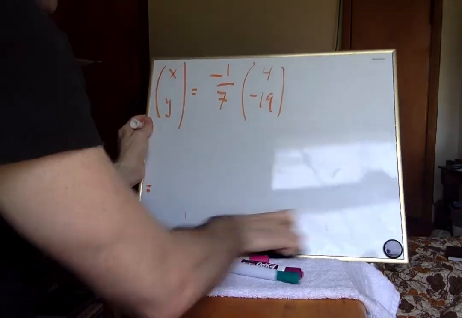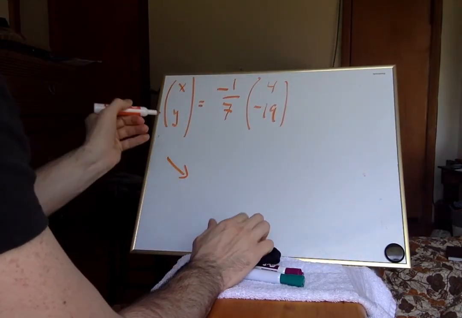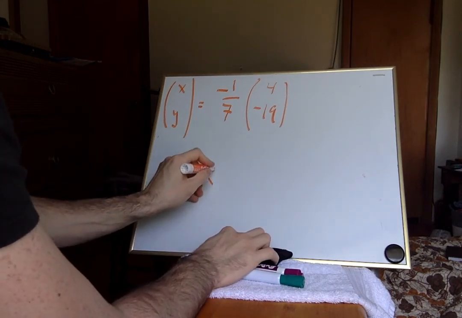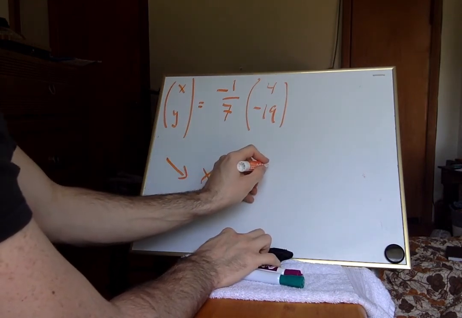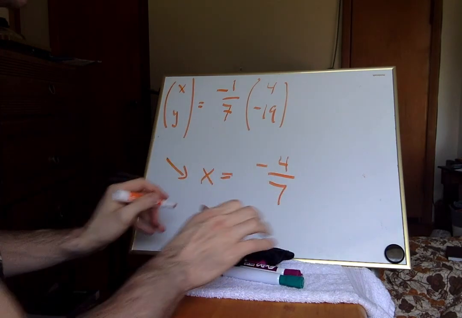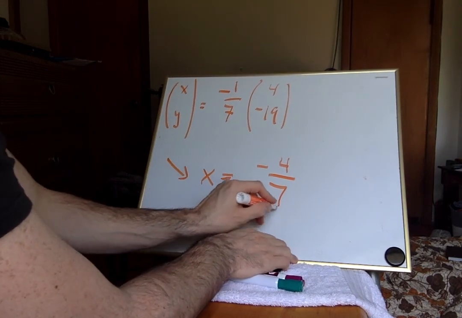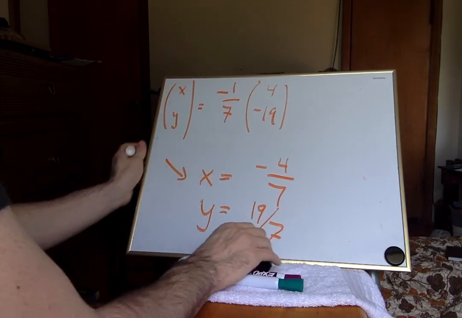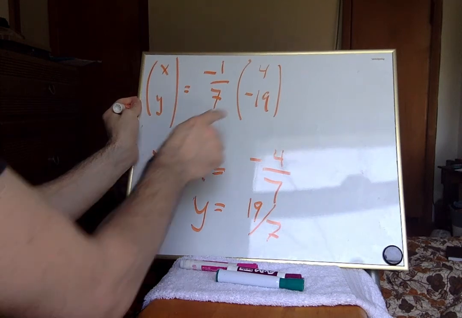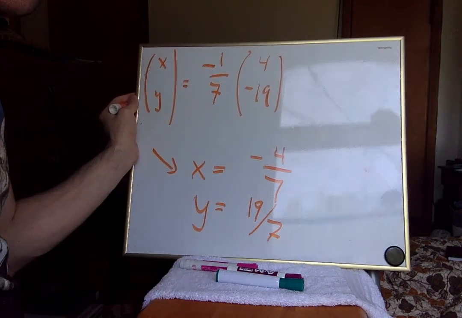Well, that's not a very satisfying answer, but we can convert it into a satisfying answer. So it's x equals negative 4 divided by 7, and y equals 19 divided by 7, right? The negatives cancel, and you get 19 divided by 7.